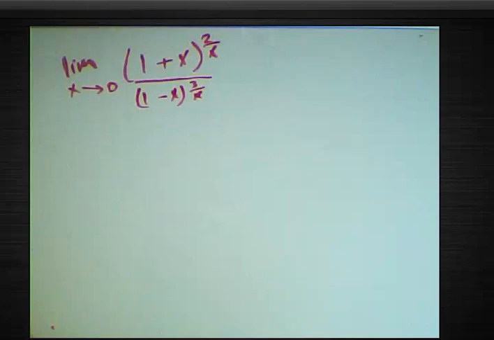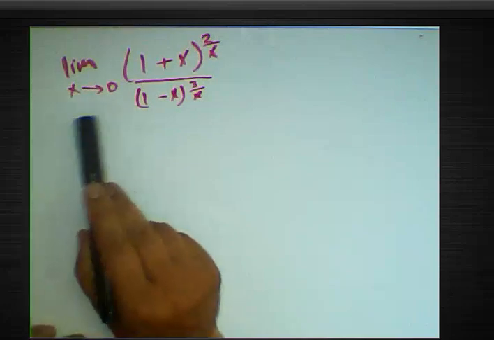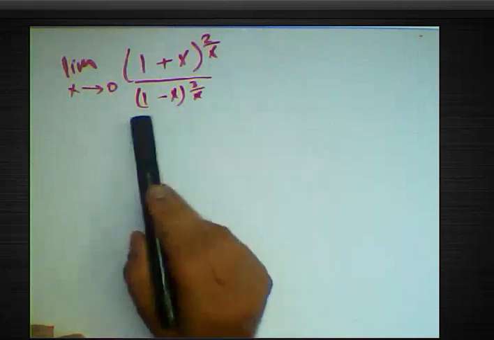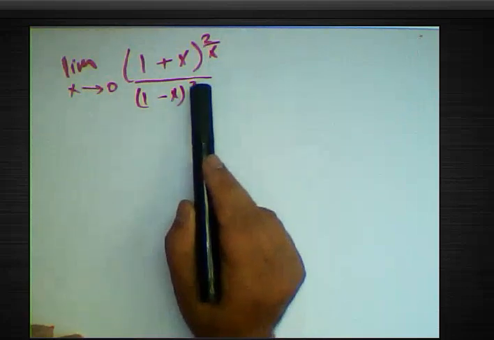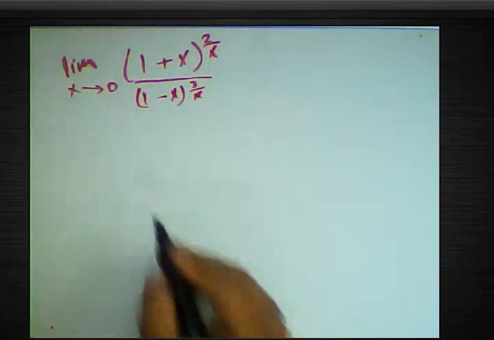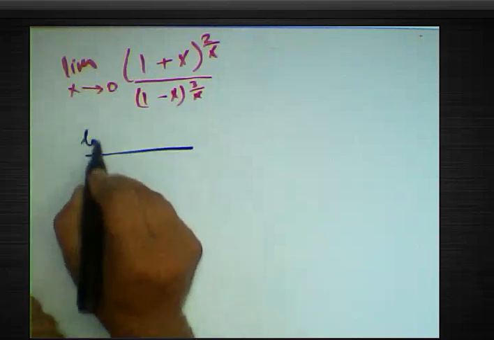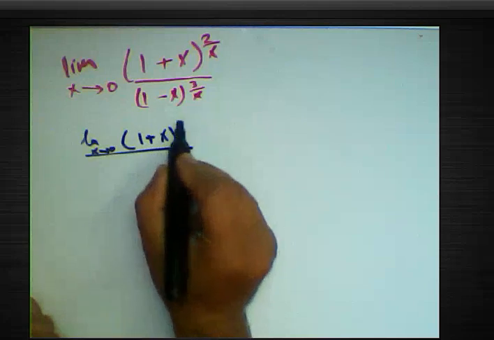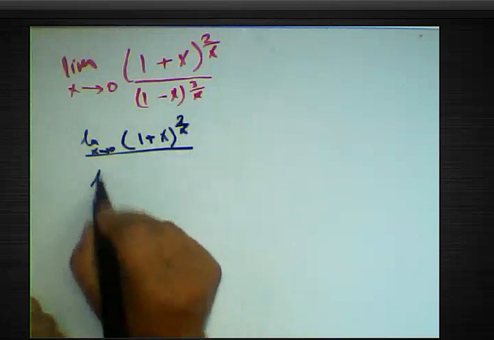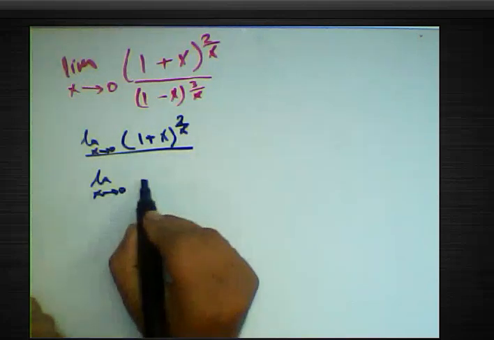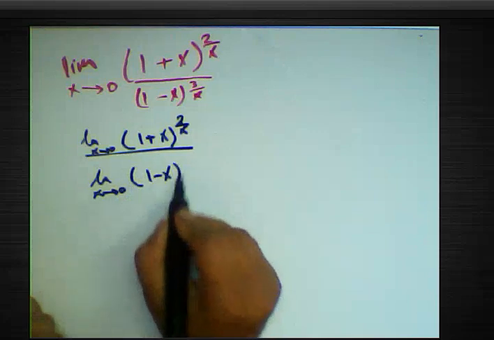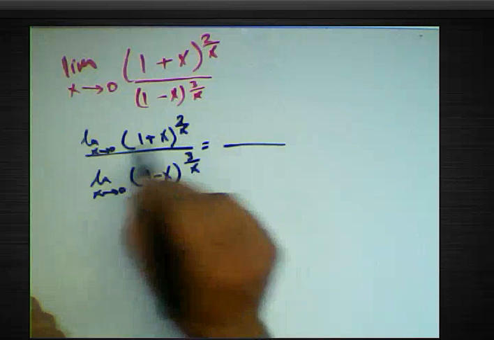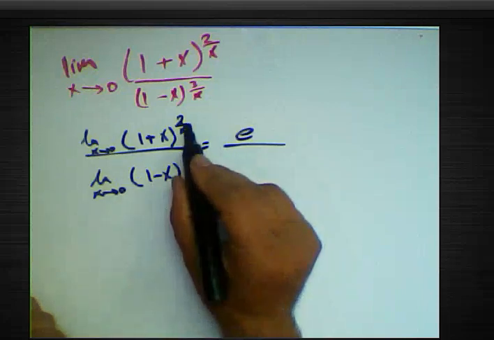Look at here, limit when x approximates to 0, 1 plus x all power 2 over x, 1 subtract x all power 3 over x. We can use the rule here, limit when x approximates to 0, 1 plus x all power 2 over x over limit when x approximates to 0, 1 subtract x all power 3 over x. The result here about the numerator will be e power what here?